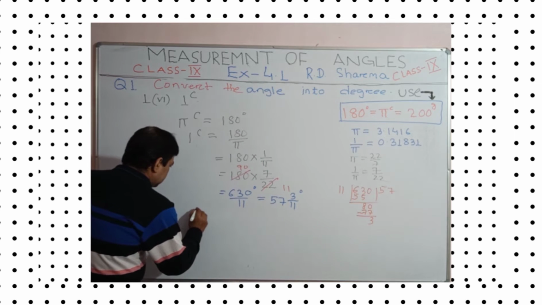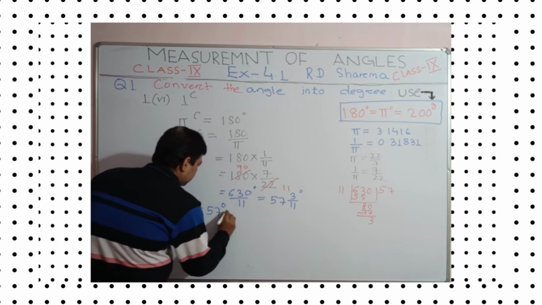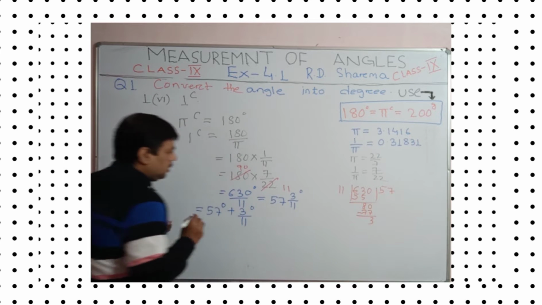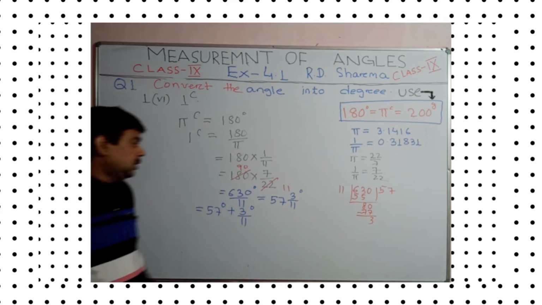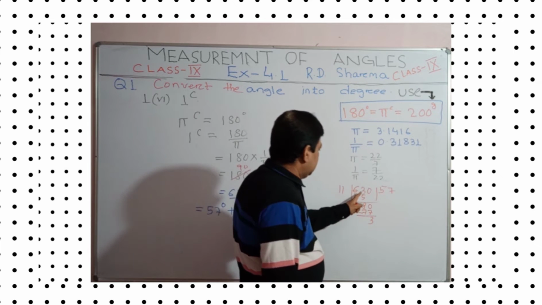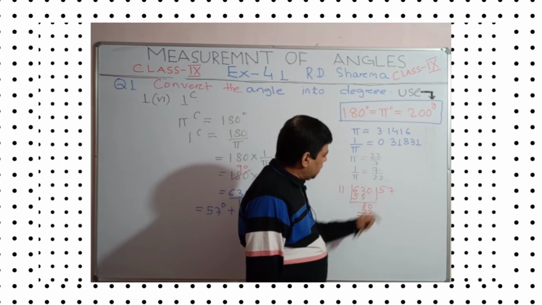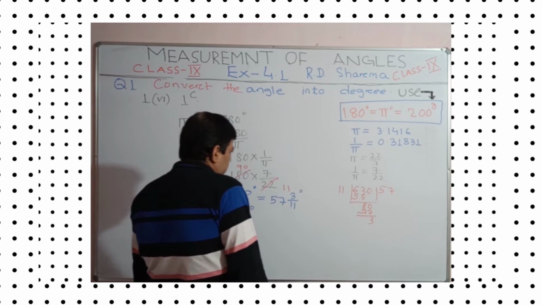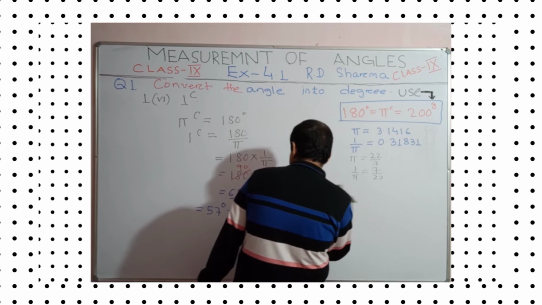Or I can write 57 degree plus 3 by 11 degree. Understand? 3 by 11 degree, is it correct? 11 fives are 55, 63 minus 55 is 8, here 0, 11 sevens are 77, so 80 minus 77 is 3. So 57 degree whole 3 by 11 degree.